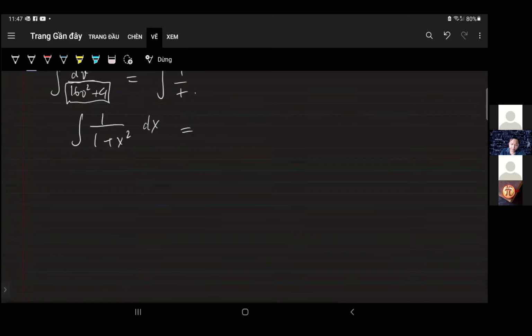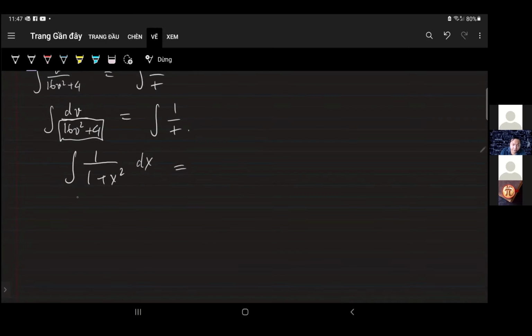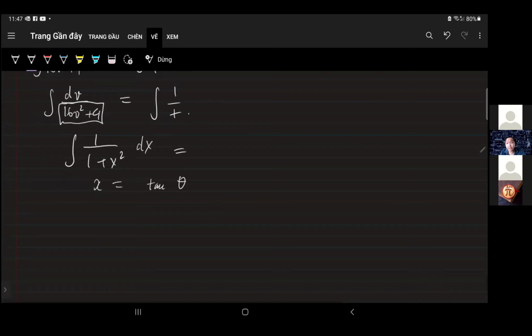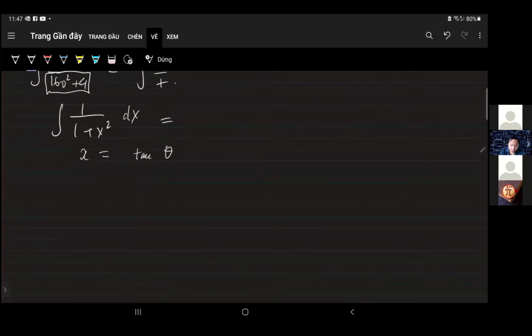If you don't remember, let me remind you. You can use substitution, like he said, with x equal to tangent of theta. Let's see what happens. You know that tangent squared of theta plus 1 equals what? Because you use substitution, it's just 1 over cosine squared of theta.